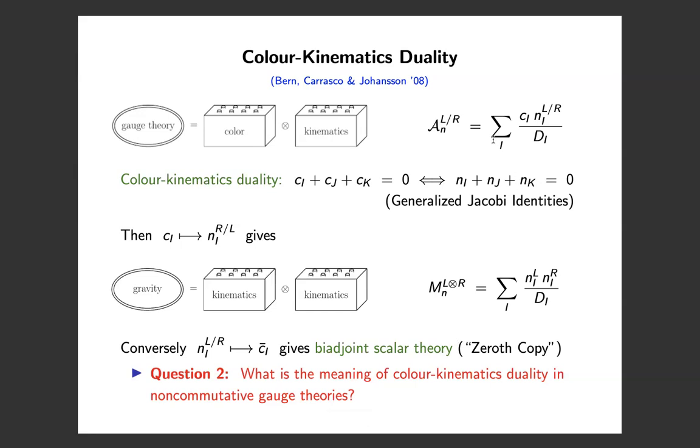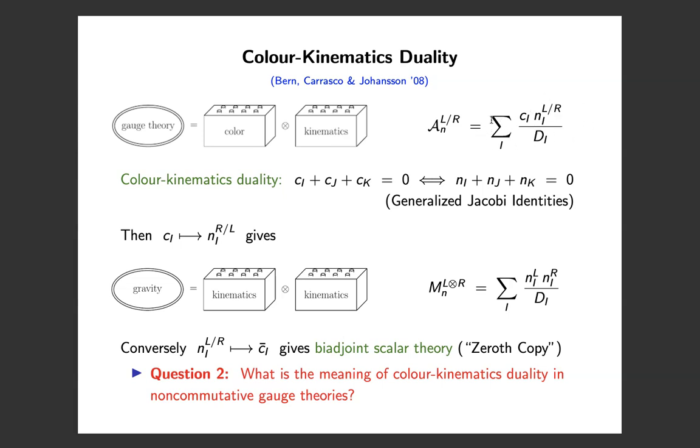So if we take a gauge theory amplitude, which I'll write here as A, they're either two copies of the same gauge theory amplitude, or you take two different gauge theories and treat them as left and right sectors, and then you try to copy them together into some effective gravitational theory. But the statement by BCJ, it's an assumption, is that you can write the amplitudes in this schematic form here.